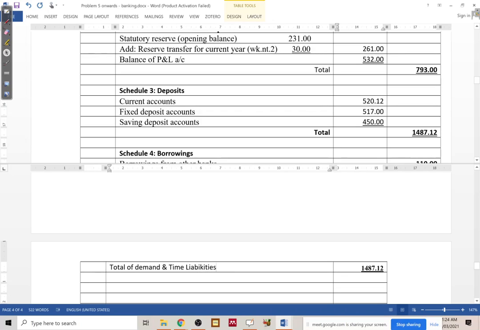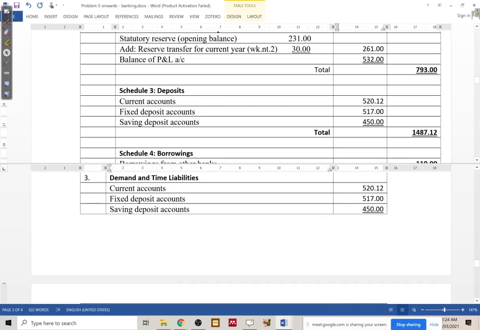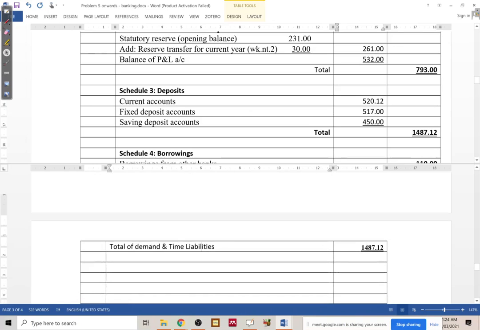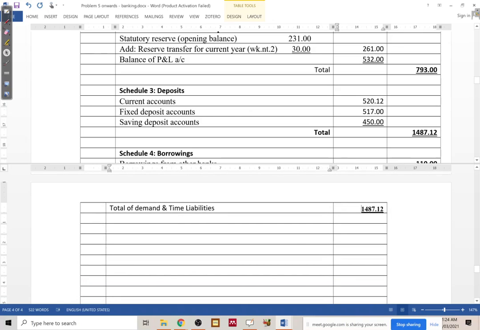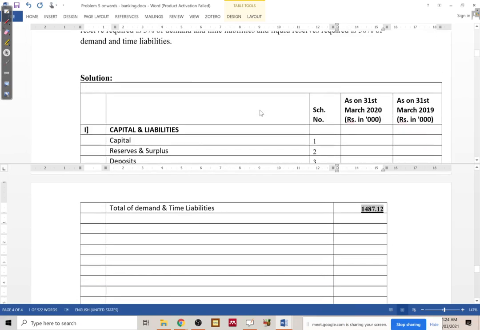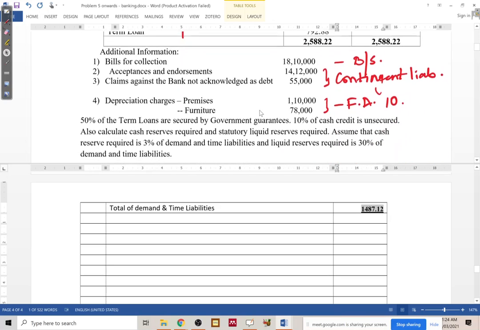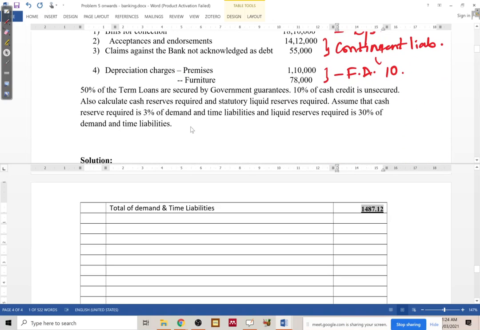You may or may not show the entire working note, the whole calculation all over again, but you need to specify which of these you have included as demand and time liabilities. This is the amount on which we are going to calculate the percentage of the reserves: 3% for cash reserve ratio and 30% for statutory liquidity ratio.